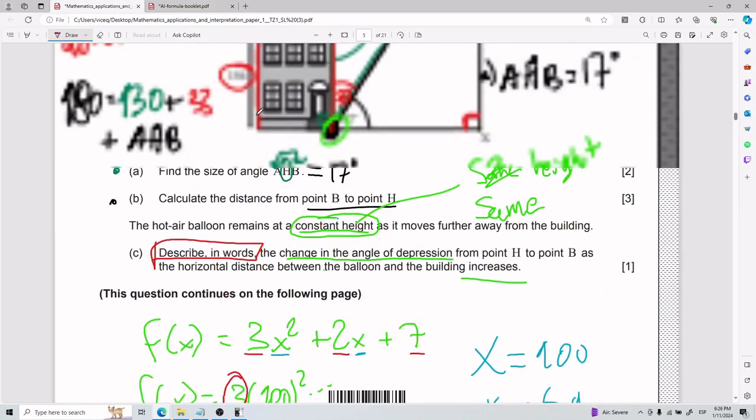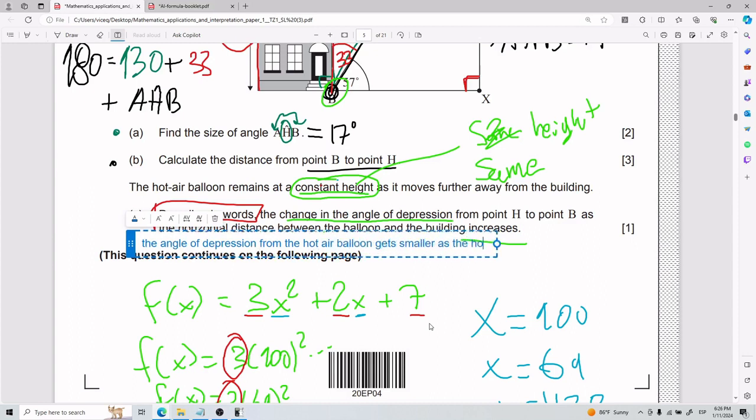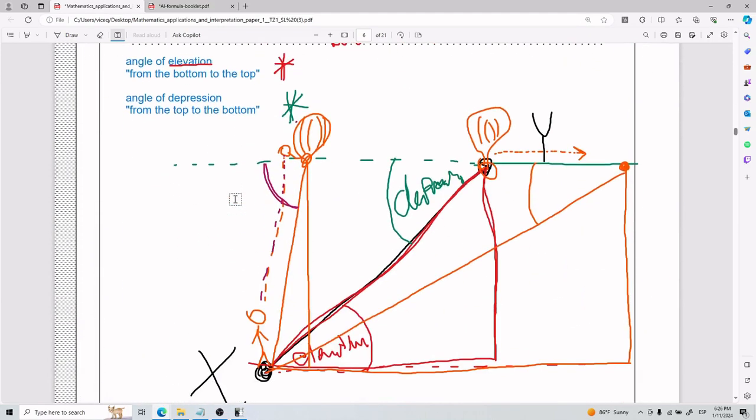So what is the conclusion for part C? There are a lot of ways to put it, but how the answer key puts it, which I think is fine, is that the angle of depression from the hot air balloon gets smaller as the horizontal distance increases. And again, the most intuitive way to understand it is to think about extremes.